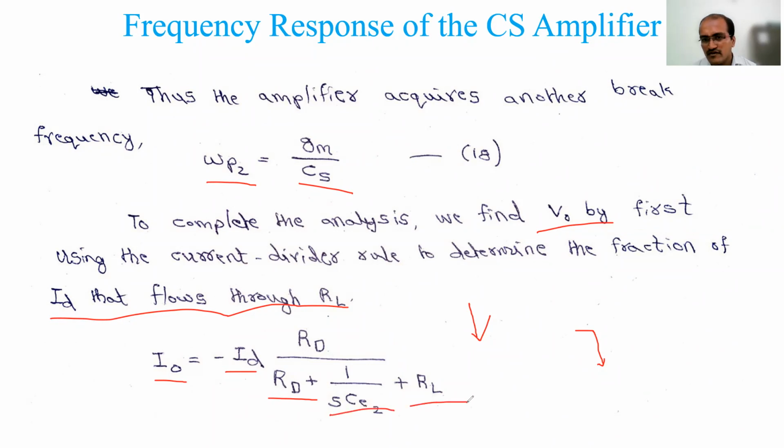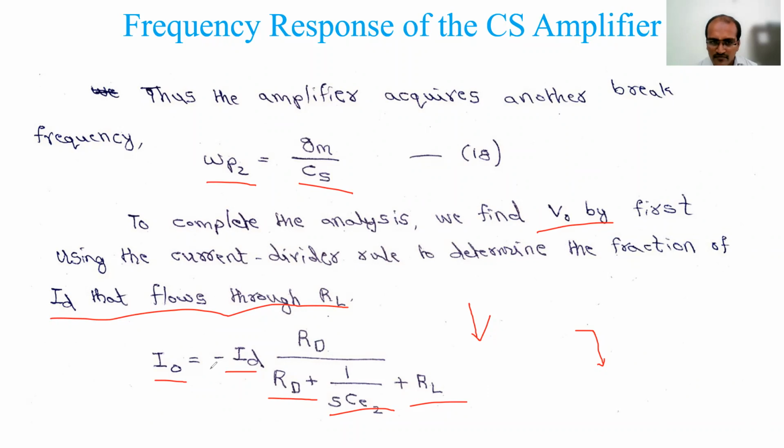When we write the equivalent circuit, RD will come in parallel with RL. RD has the ID current, RL has the I0 current. Using the current divider rule, I find I0 in the opposite direction, because of that minus ID, RD by RD plus RL along with the capacitor now, that is considered. Again, same as previous equations, you need to write the LCM of this.